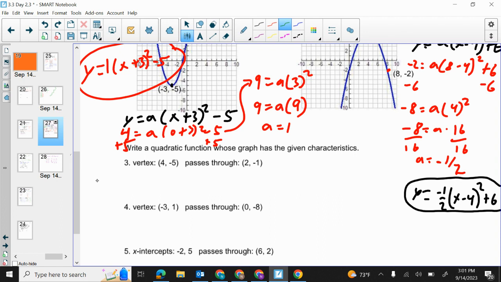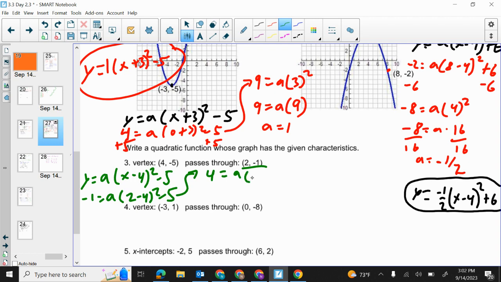Okay, here we go. So for my vertex, again, I'm going to start in vertex form: y equals A(x minus 4) squared minus 5. Now I'm going to put that point inside. Negative 1 equals A(2 minus 4) squared minus 5. Add my 5 over to the other side, so I get 4 is equal to A(negative 2) squared.